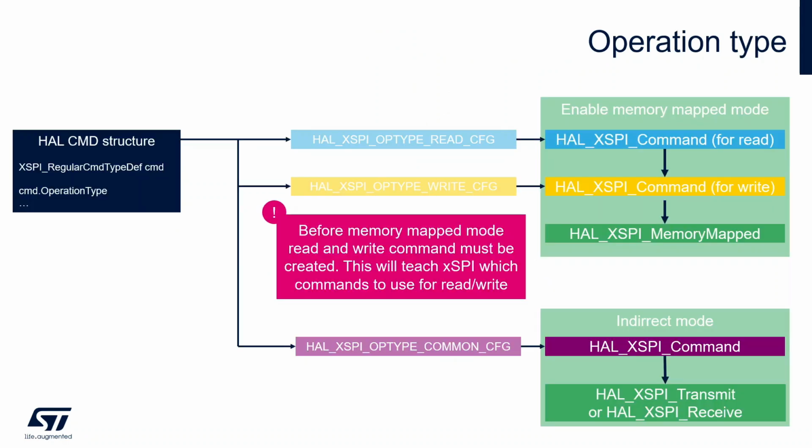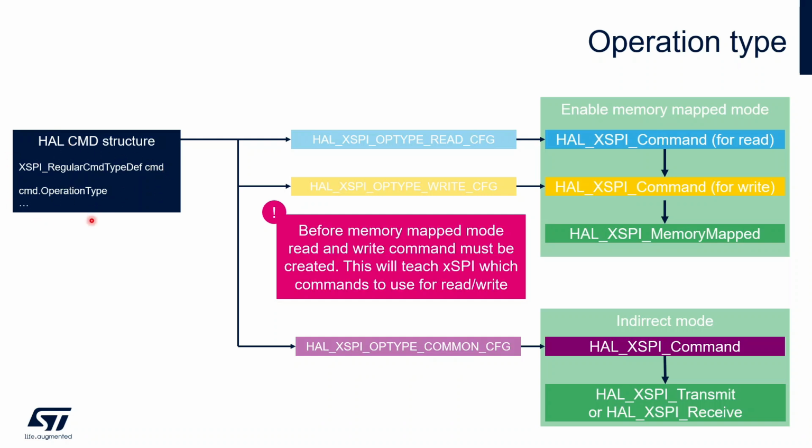And to send the command, we need to tell it what we want to send. When we're using the command, we need to give it the information inside the command structure, and we need to fill this structure.